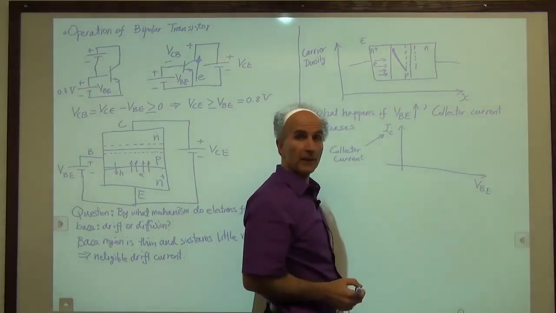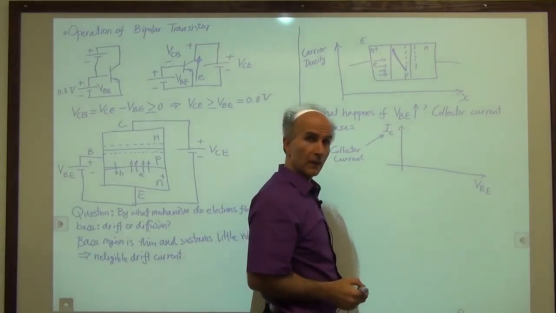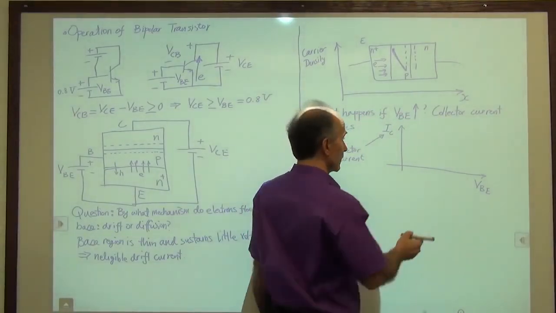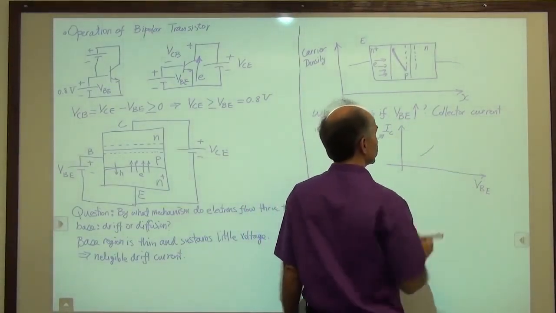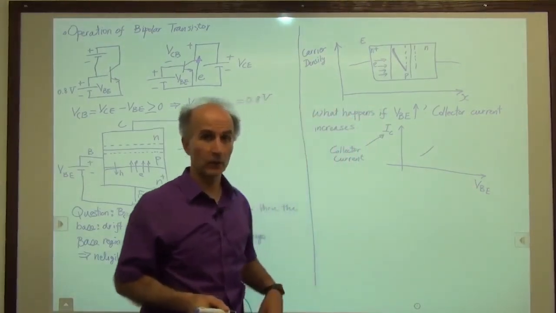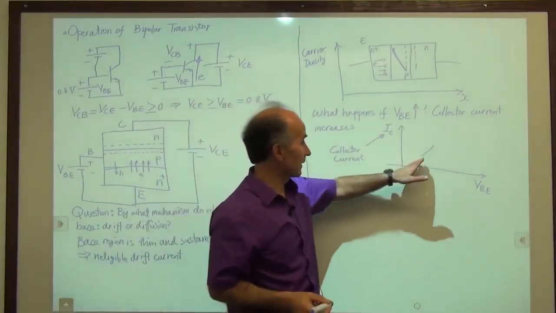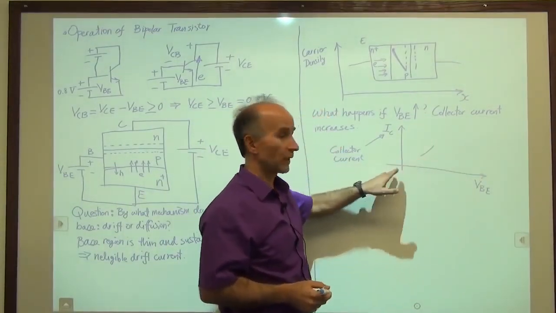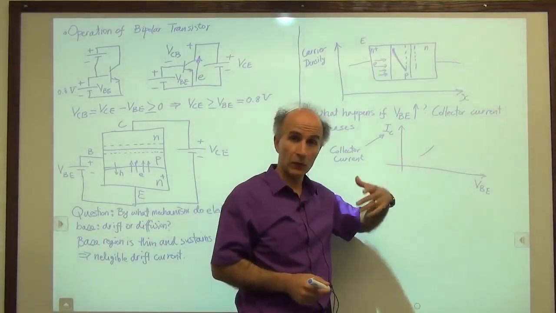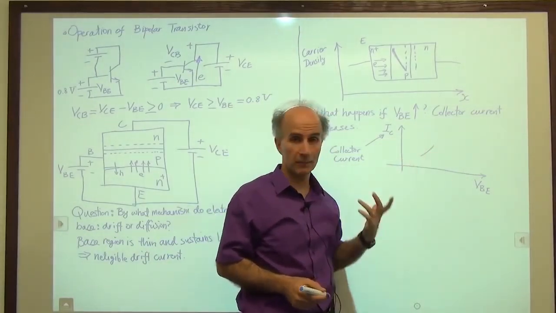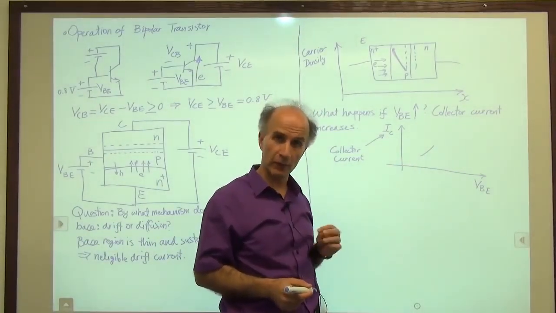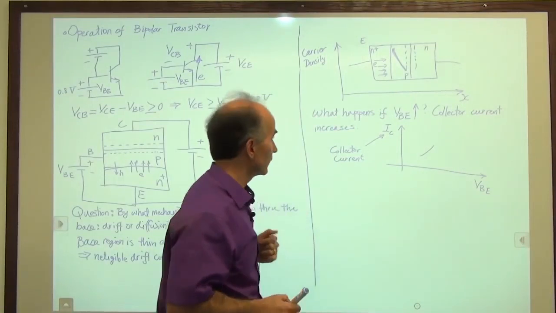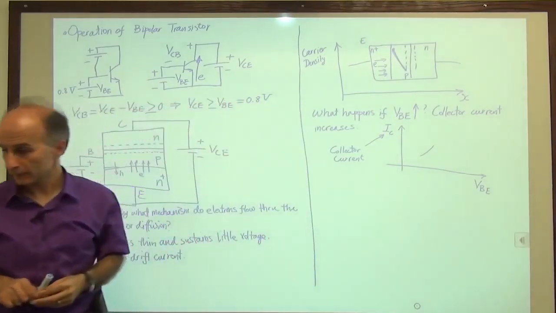And we said that if the base emitter voltage increases, the collector current increases. So all we know is this. That's all, right? We don't know whether this is a linear change or what. We don't know where it goes. We don't know where it starts. But we just have intuitively one little segment of this plot. So that's fine for now. That's all we need to know. So that's another observation.